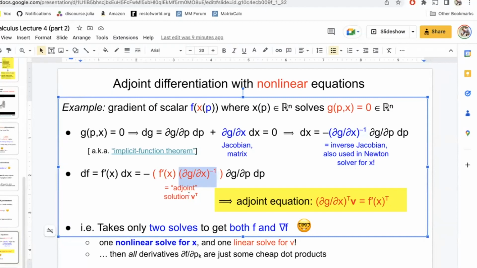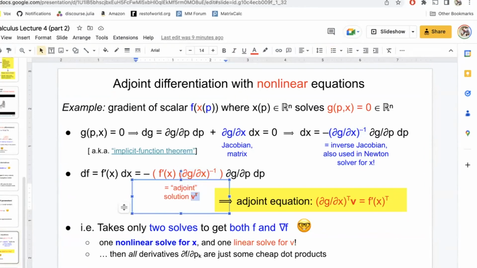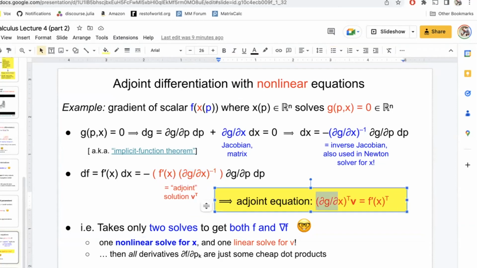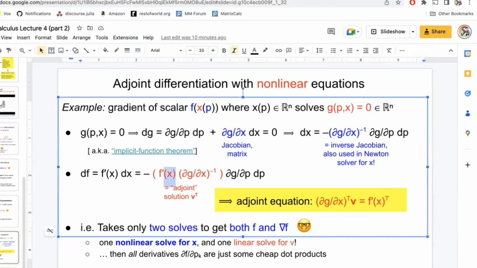You call the row vector times matrix, a row vector, v transpose. So multiplying by the inverse is equivalent to solving a system of equations with the transpose of the Jacobian matrix. So we call this an adjoint equation or transpose equation for an adjoint solution v. And on the right-hand side is the transpose of this row vector f prime. So we solve.